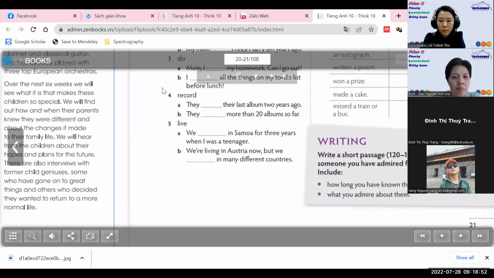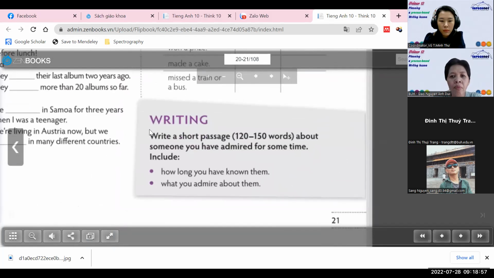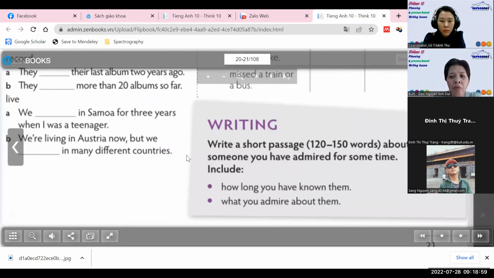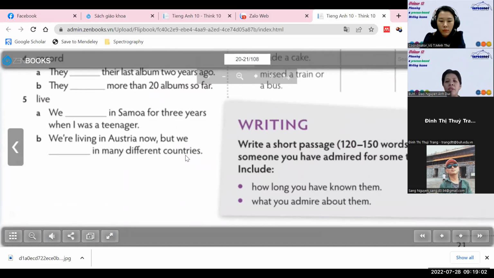Let me make it bigger. Right, so this is our task: write a short passage about someone you have admired for some time, include and so on. So what do you think should be the learning objectives of this lesson? Any idea?